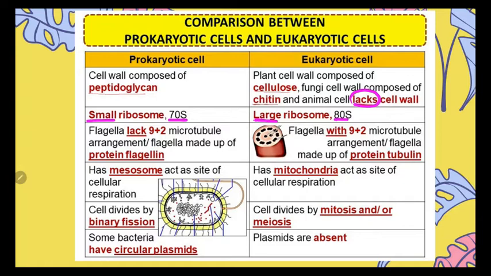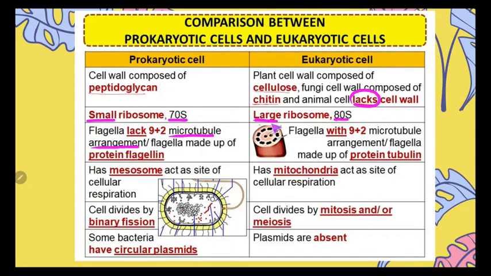So the first about arrangement is flagella in prokaryotic cell lack 9 plus 2 microtubule arrangement. Okay, tiada susunan 9 plus 2 microtubule. And it is made up of protein flagellin. While for flagella in eukaryotic cell, it has 9 plus 2 microtubule arrangement.